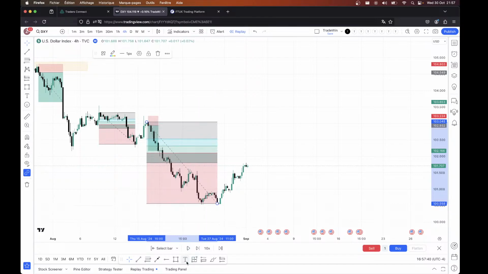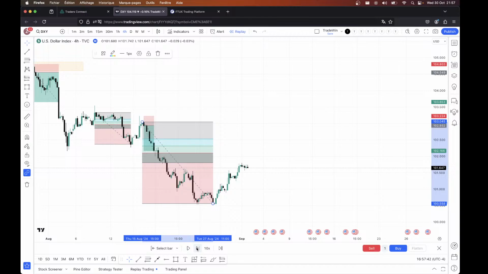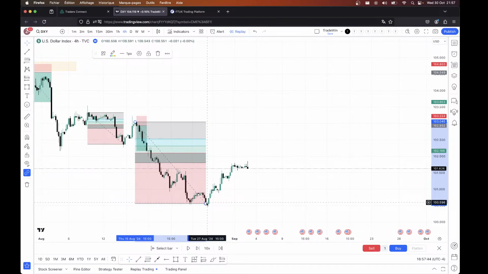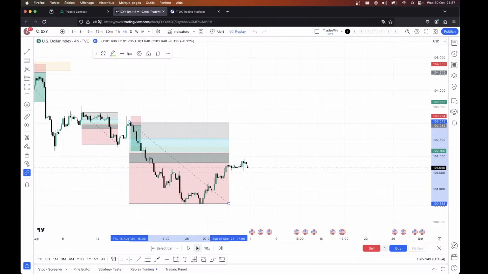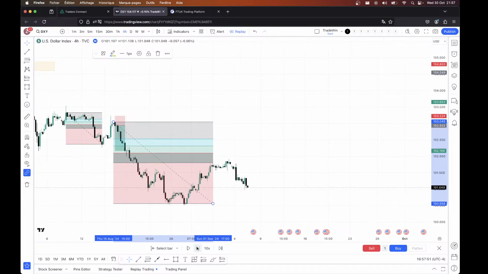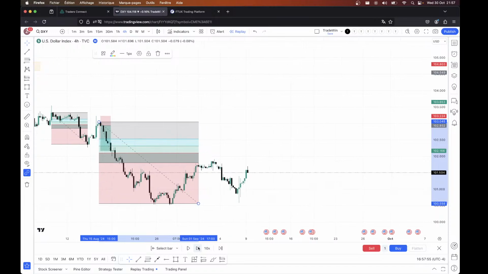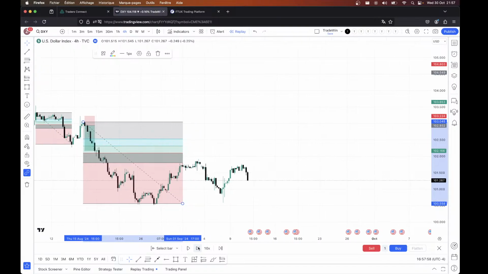Up. Fine, let's continue. Where is the OTE zone? Are we reaching the OTE zone? We are not. We only reached the 50% retracement, which is for me not enough. Clearly not enough. Let's continue.